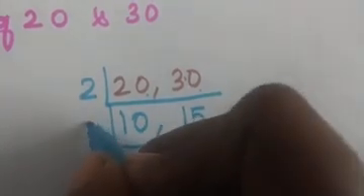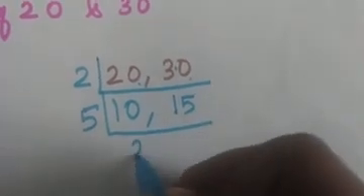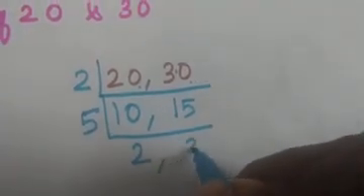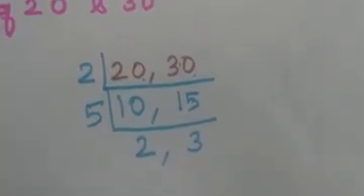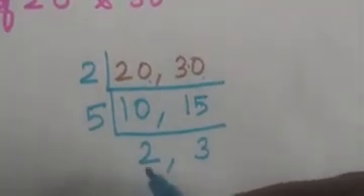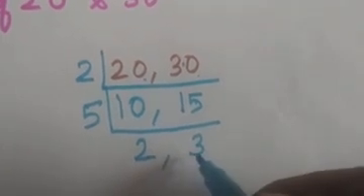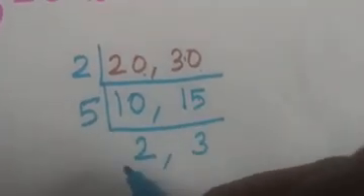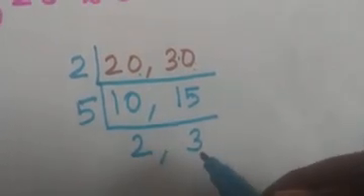Then 5. So 5 2s are 10, 5 3s are 15, isn't it? So we can stop here because 2 and 3 are prime numbers, isn't it? Prime numbers won't come in another table. So we can stop here itself.